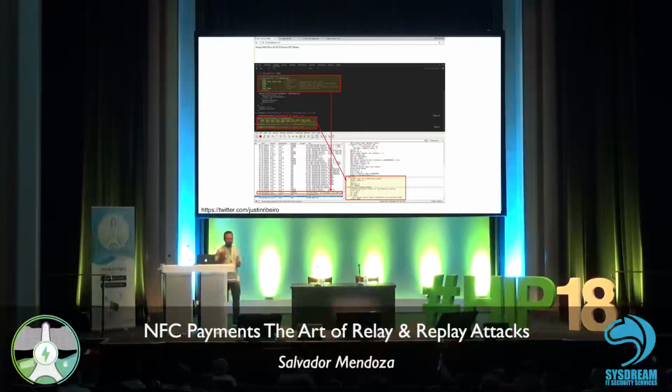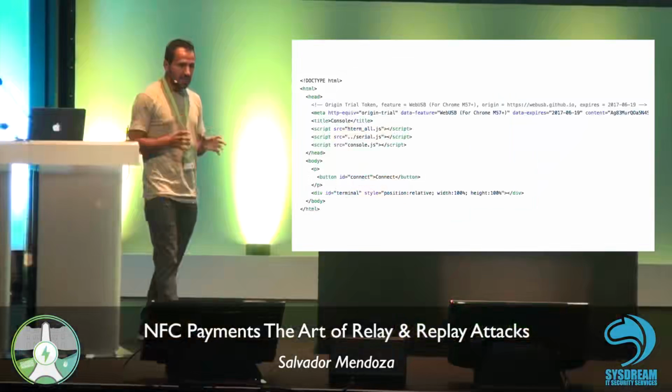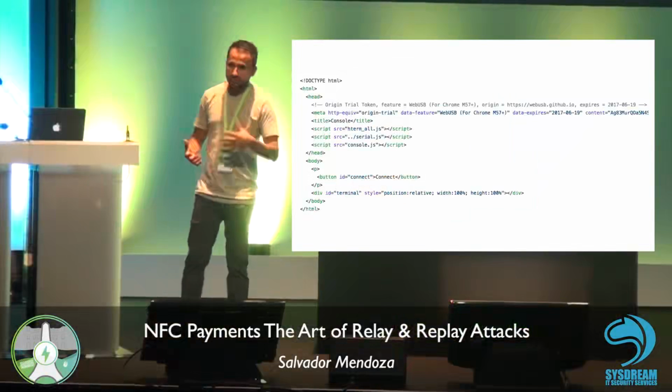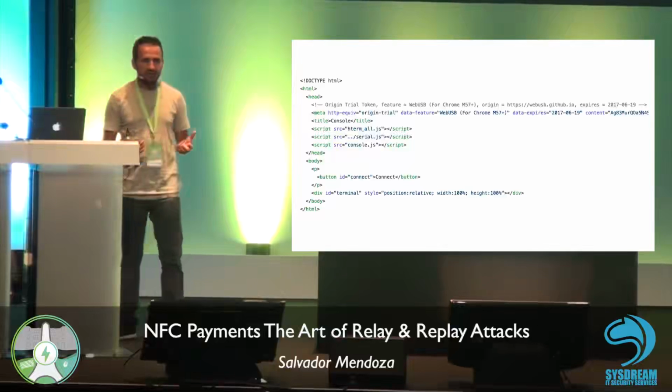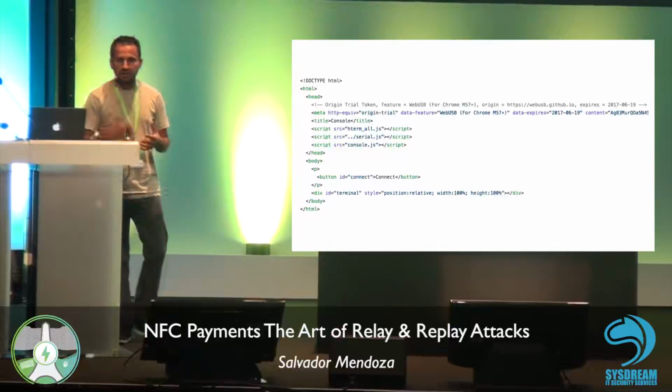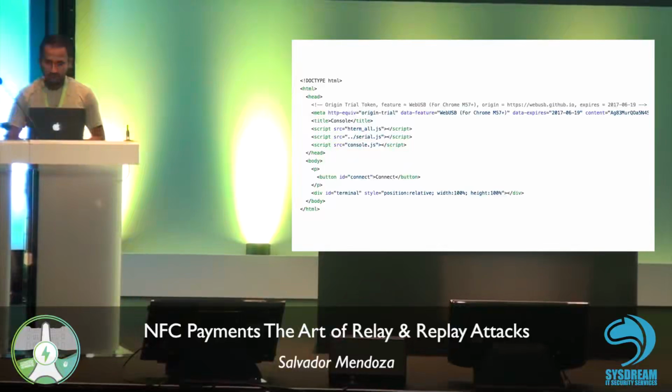So I decided, let's think differently. What if we connect to another device, this device connects to USB, and now we have support for that NFC reader? And I started looking, and I noticed that this library, WebUSB, has support for Arduinos. So if we have support for Arduinos, we can connect NFC to Arduino and have direct access from the web browser.